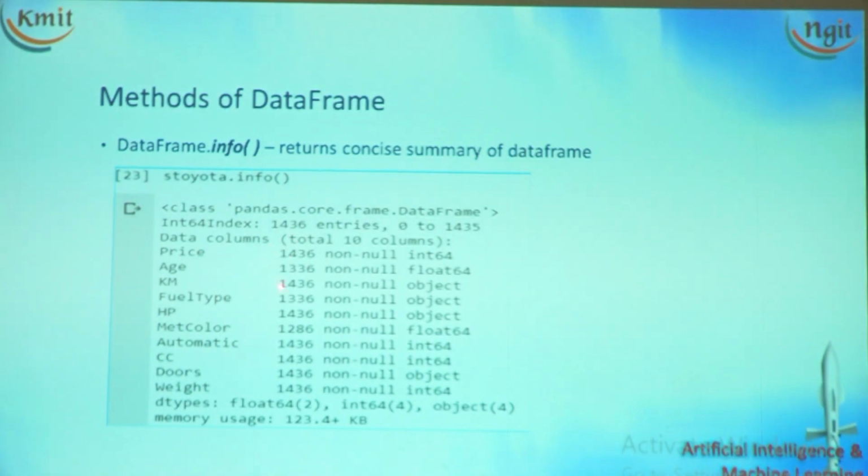So info gives me the total values, how many non-null values are there, what different data types are there in my data set, and what the memory usage is. Basically, it is all in one. So just by pressing info, I get every detail of what I have seen so far, okay, except unique values. Did you all observe the info values for your data frame?